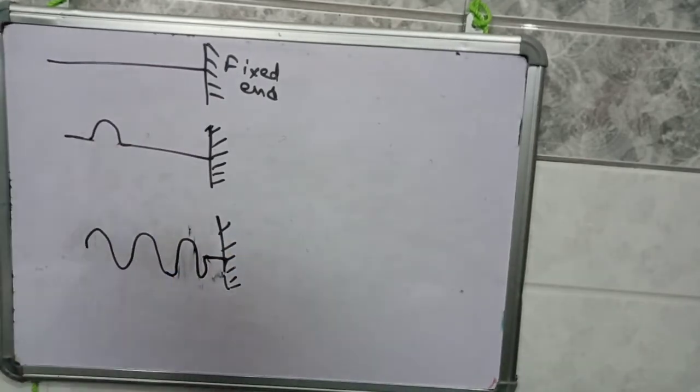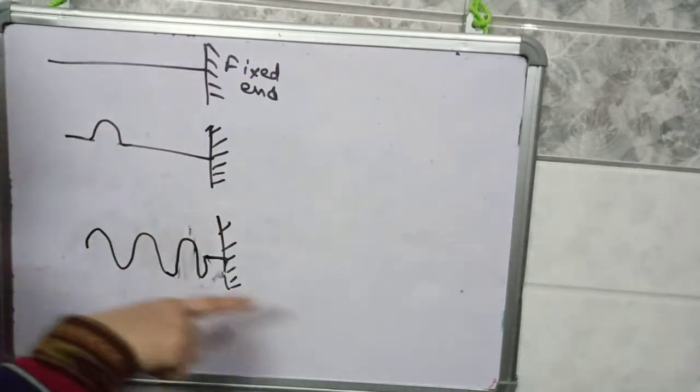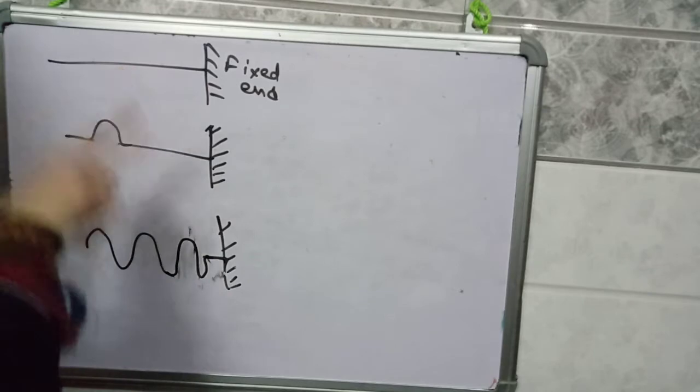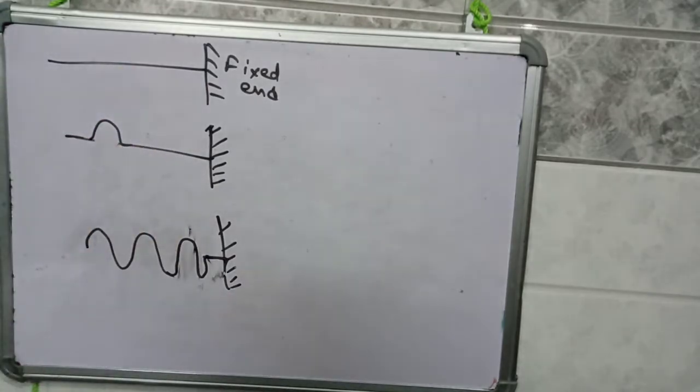So after some time the wave will look like this. This is the direction of propagation of the wave. The wave is going like this and the particles are oscillating like this. So this is an example of a transverse wave. What is a transverse wave? The wave in which particles of the medium oscillate perpendicular to the direction of propagation.